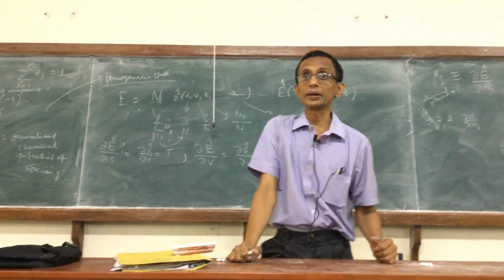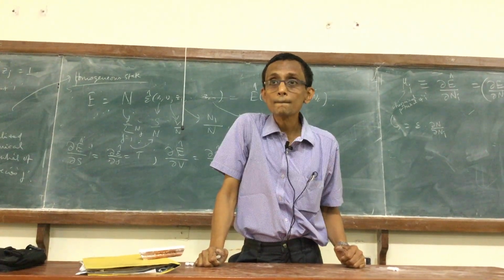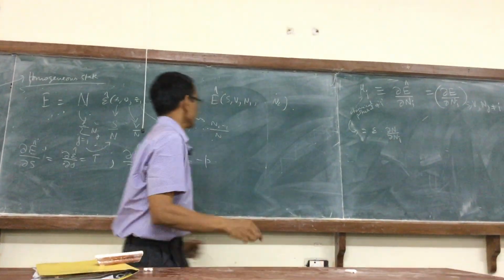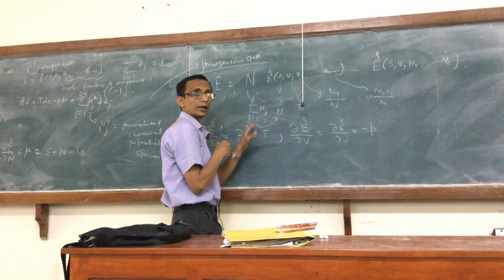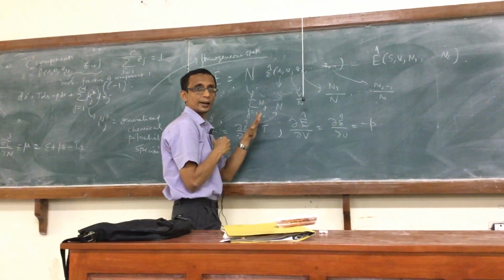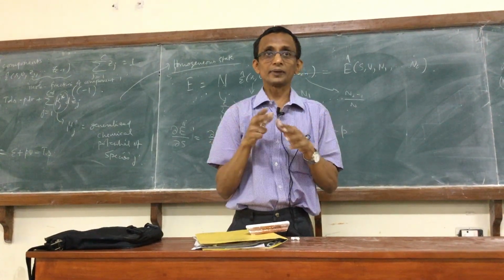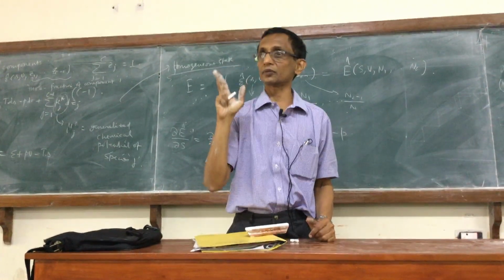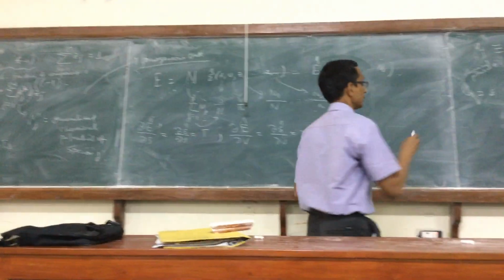What is dN by dNi? It is 1, because N is N1 plus N2 plus N3. When I differentiate with respect to a particular Ni, keeping all other mole numbers fixed, in the sum I pick only Ni, and I get 1. So that is very clear.